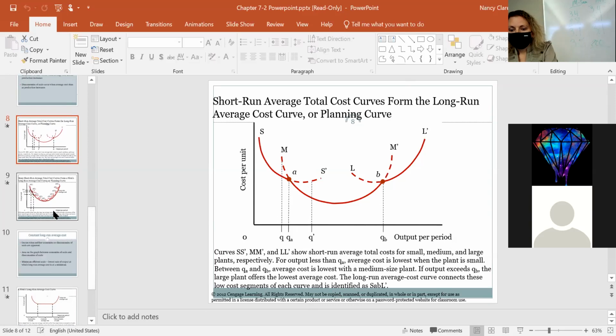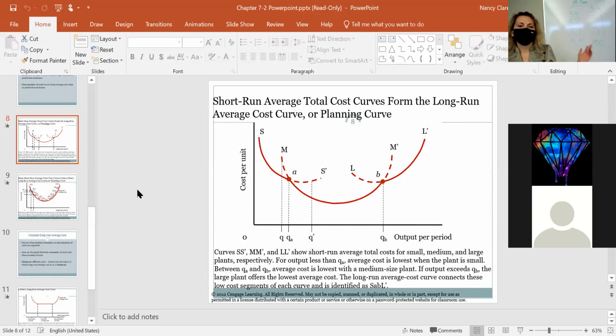All right, so we're going to take this next level now. I don't want you to overthink this, but does it make sense that you would have more than 3 possible factory sizes you could build? It's kind of an endless number, isn't it? You change a factory by 10 square feet and it's potentially a new size factory, right?